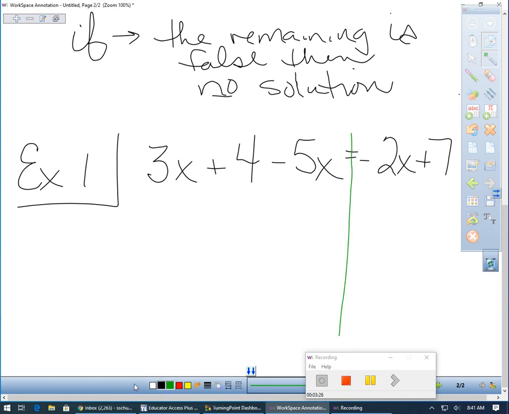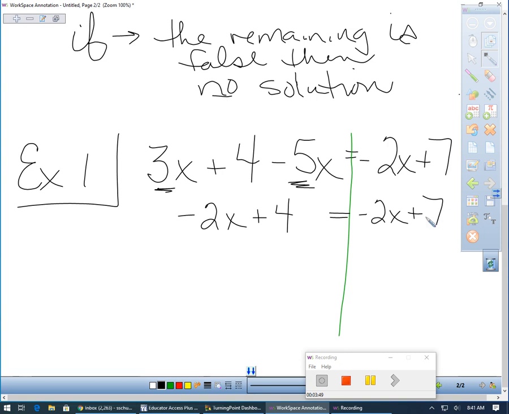Okay, what do we have to do first? Good, combine like terms. So again, on this side of the line, what can I put together? Good, 3x and negative 5x for a total of what, Lily? Good, negative 2x plus 4 equals negative 2x plus 7.